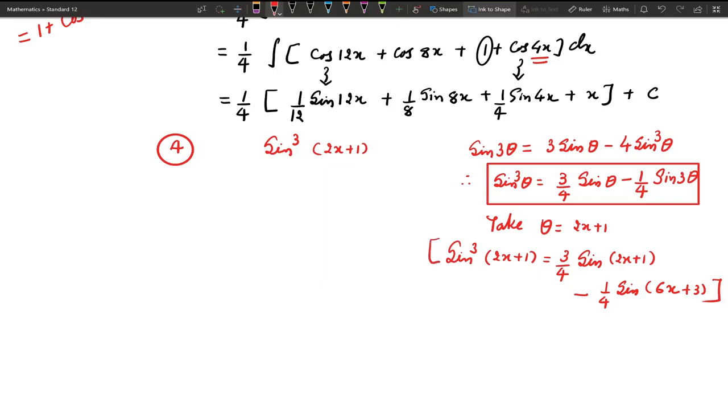We have already discussed the basic principle of how to remove square power and how to integrate sine square, cos square, sine cube, cos cube, etc. So let us denote this integral by I. You can derive this one; call it result number 1.